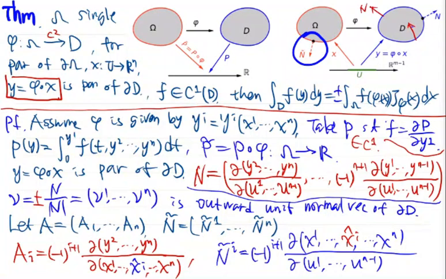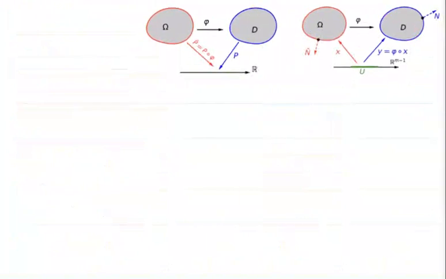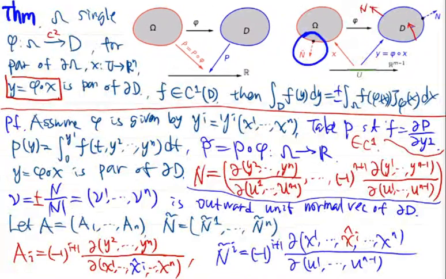So the normalization of n tilde is denoted by nu tilde. Of course, we don't know whether n tilde points inward or outward.